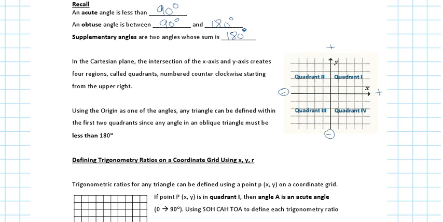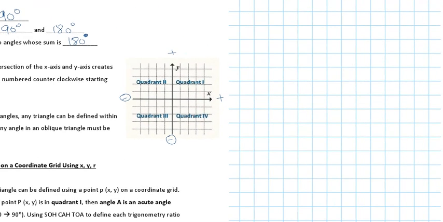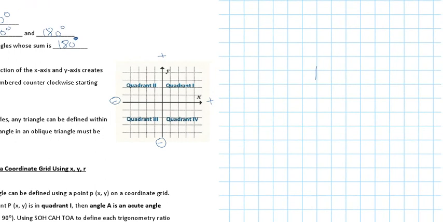Okay? So, that being said, let me just move a little bit here. So, if I have my axis, and I have, let's say, my line right here. Okay? This is where my line is.